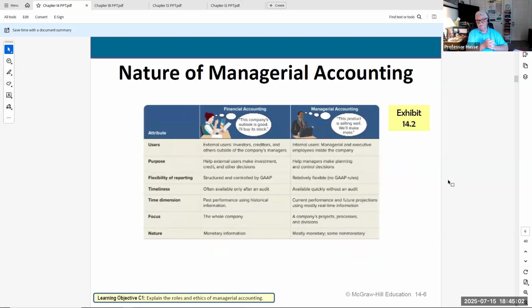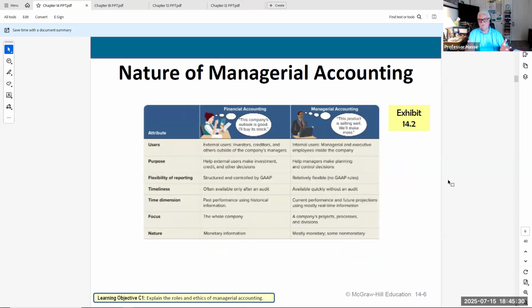Remember, we talked about this in our very first weeks of class, when we took the first half of the class to concentrate on financial accounting, preparing the financial or monetary information about the transactions of the company. Managerial accounting is for internal users, whereas financial accounting is for external users.